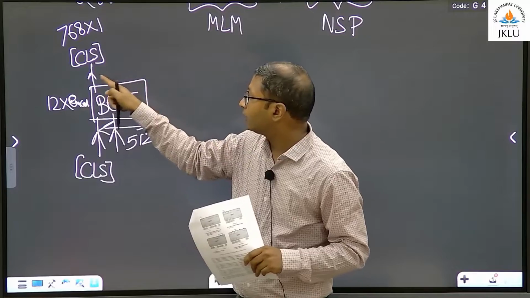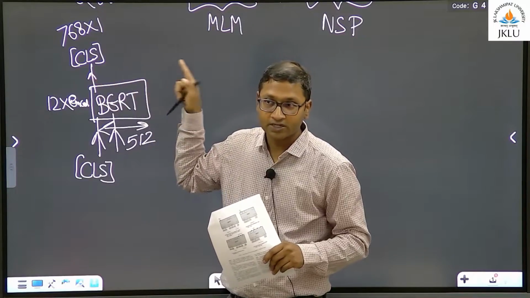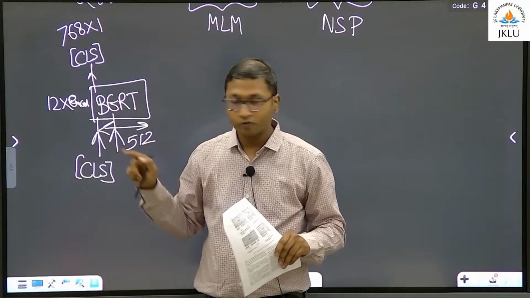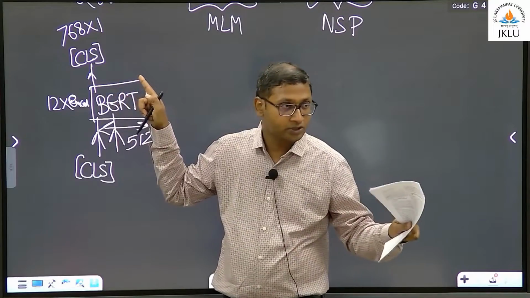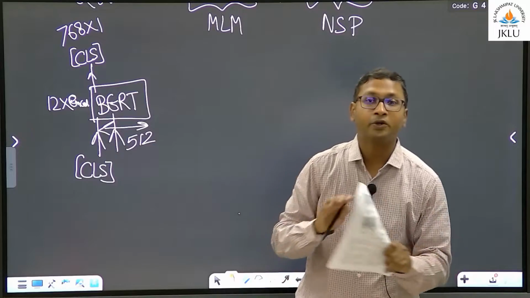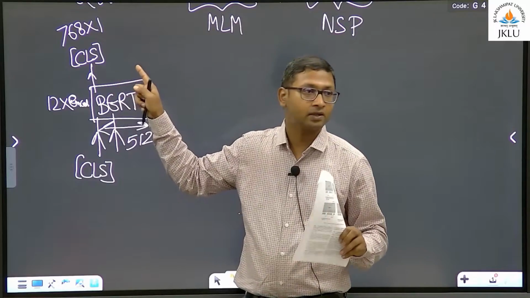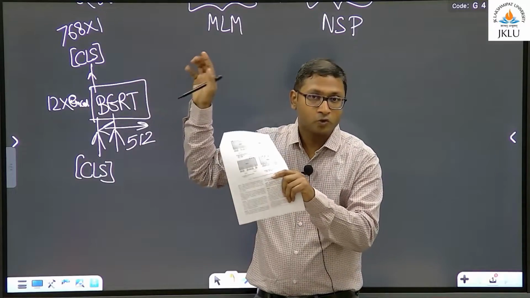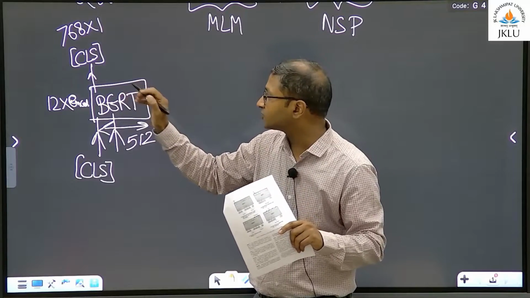Finally, you will have how many outputs, of what size? You will have 512 outputs, each one of size 768 cross 1, but you do not use any of the others.